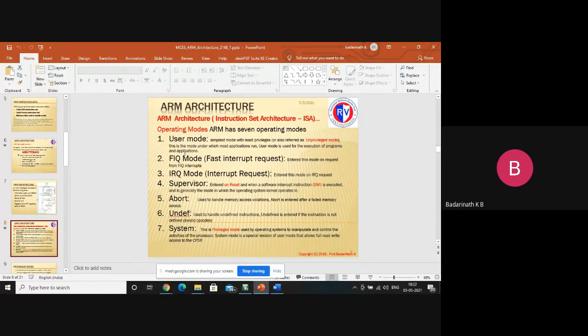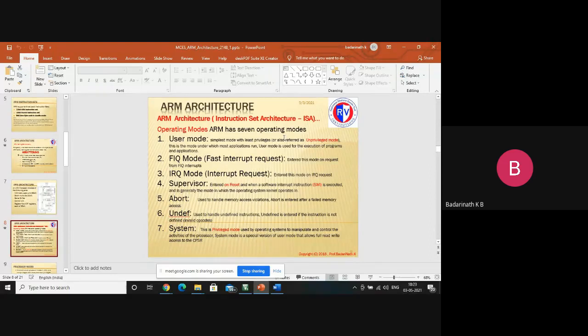The controller or the core exists in any one of these modes at any moment of time. These modes are the supervisor mode to start with and reset. Then you switch to user mode, where you run most of your application programs.